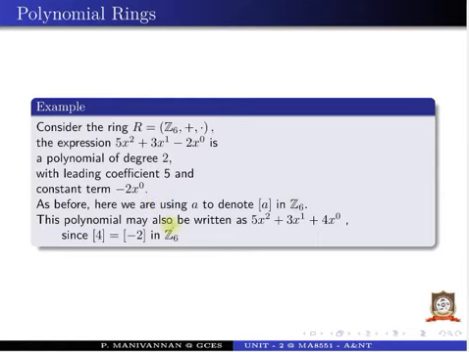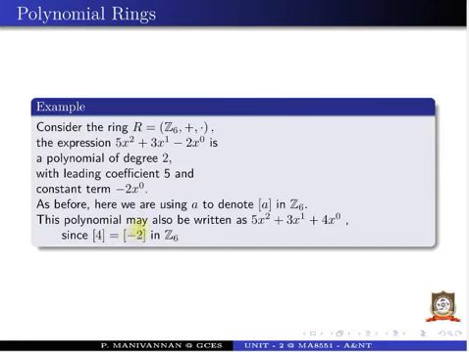This polynomial may also be written as 5x square plus 3x power 1 plus 4x power naught, since integer modulo 4 equals integer modulo minus 2.